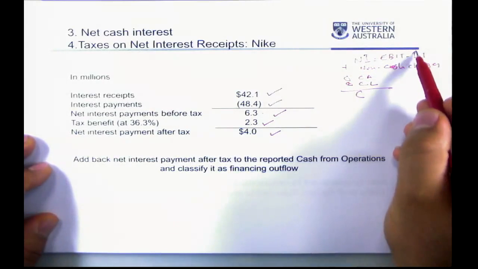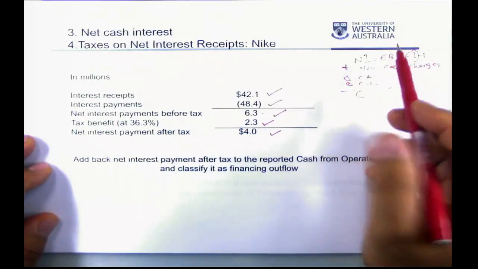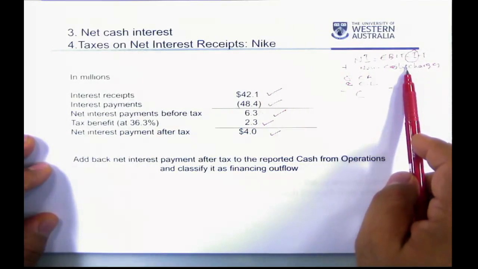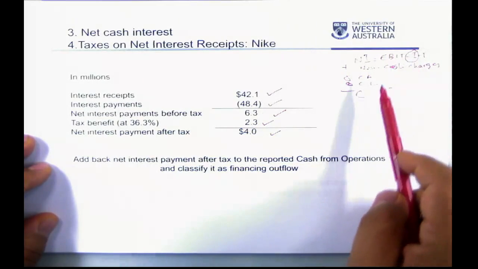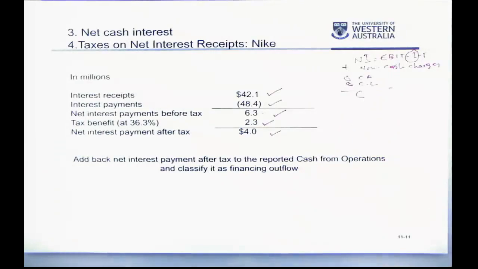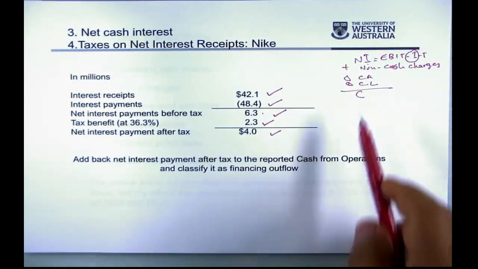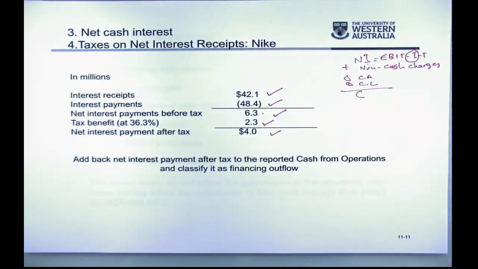Because interest was originally subtracted from net income, assuming there was net interest expense here, then we need to add it back to the reported C on cash basis in order to isolate its effect, because it is a financial item. It was originally subtracted to arrive to C, so we need to add it back. Okay? That will give us the cash from operations after excluding the effect of the financial items.